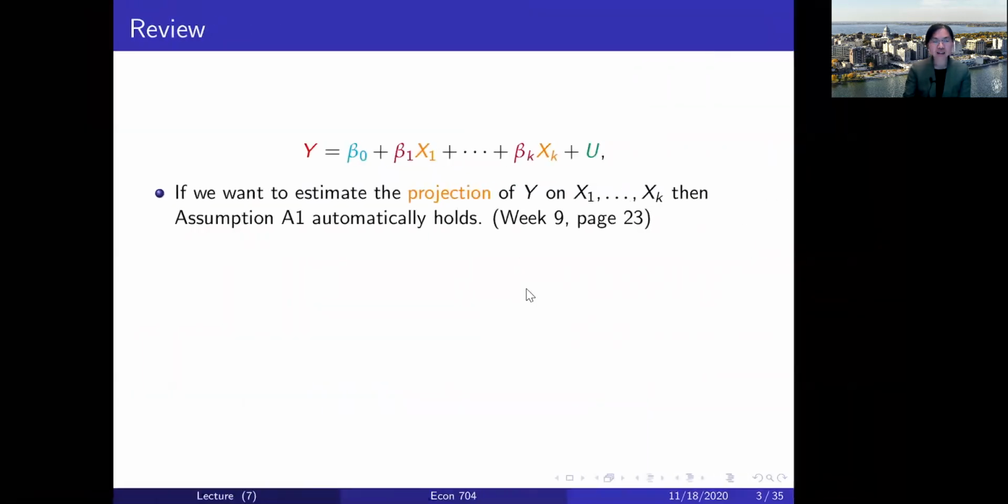This orthogonality condition holds automatically for a projection model. If this linear regression is a projection model, that is, this x part is the projection of y on x1 to xk, then assumption A1 automatically holds just by definition of projection. And this we proved in week 9 on page 23.